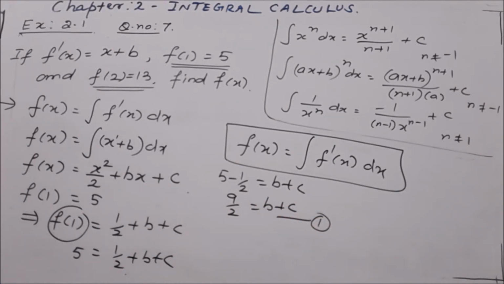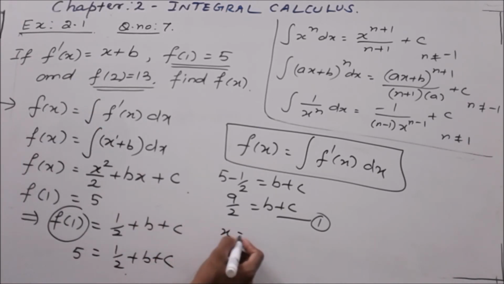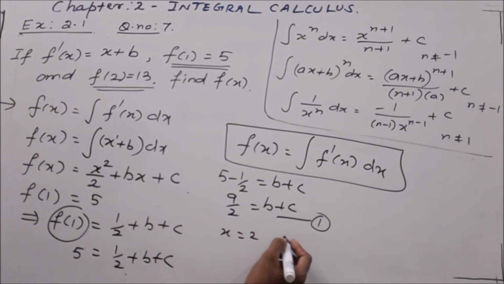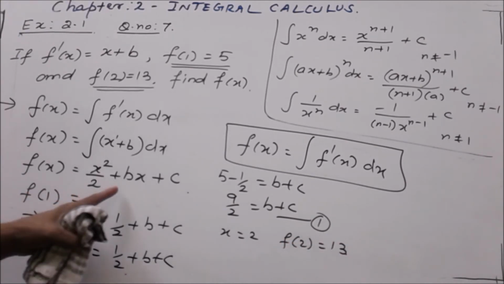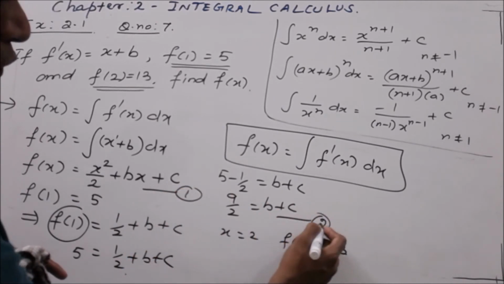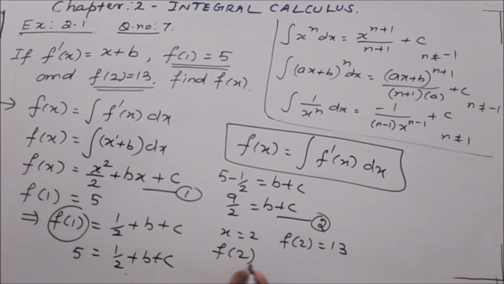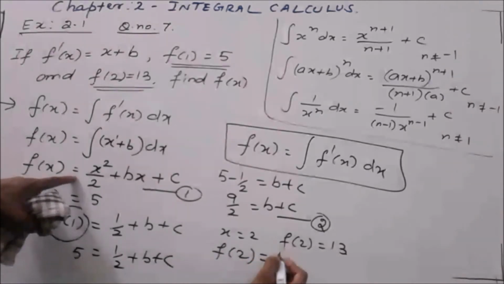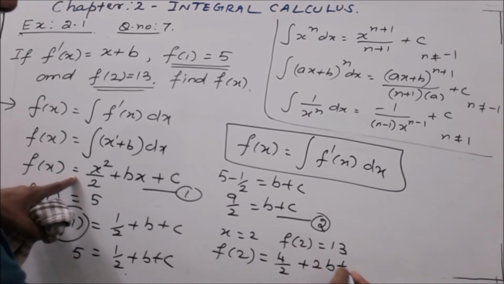Then substituting another value, f of 2 equal to 13. When x is equal to 2, f of 2 equals 4 by 2 plus 2b plus c.